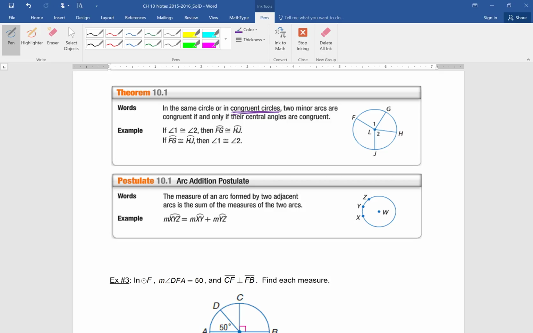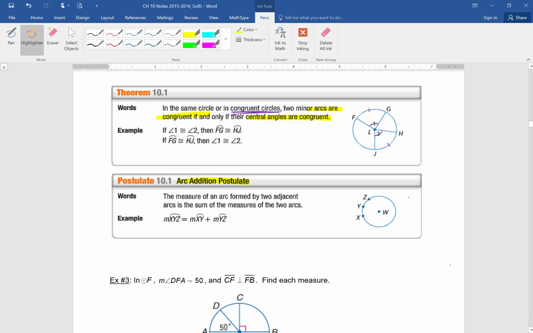So in the same circle or in congruent circles, two minor arcs are congruent if their central angles are congruent. Okay? So if the central angle 1 is congruent to angle 2, then FG is congruent to JH.